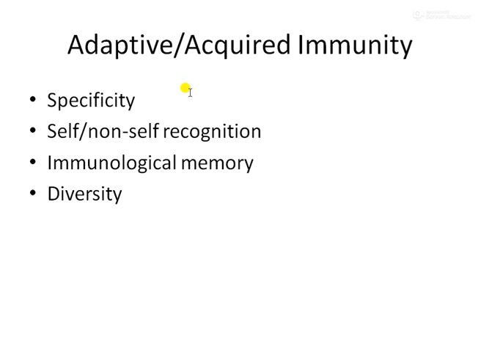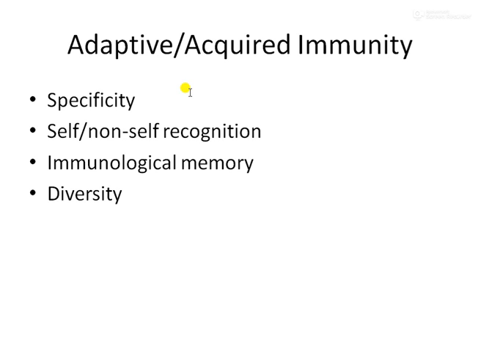And this immunity is developed throughout our life each time we get exposed to a particular antigen. And of course, the immunological memory of each antigen exposure is maintained within the body, so that the next time the same antigen comes, we can act fast against it.